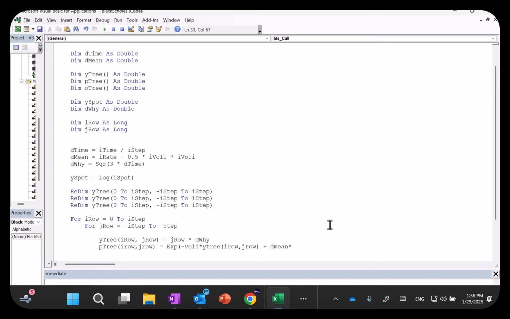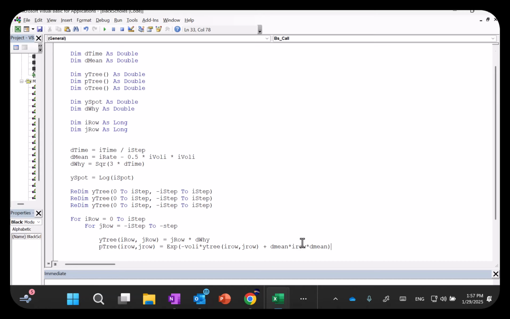In this case, t is number of steps times my delta time, right? So that's I row times D mean. Remember, D mean is R minus 1/2 sigma squared.